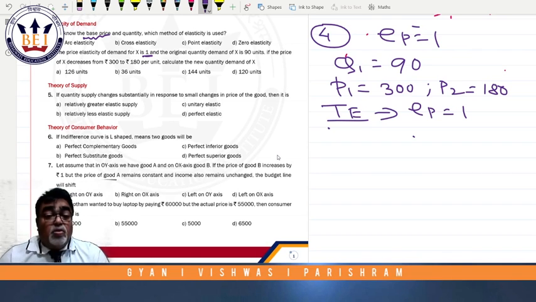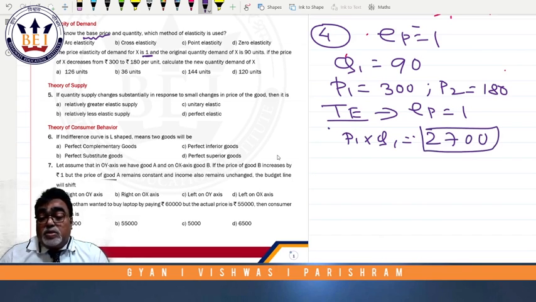If that is so, then P1 into Q1 is equal to 2700, so total expenditure is 2700. Here total expenditure remains the same.